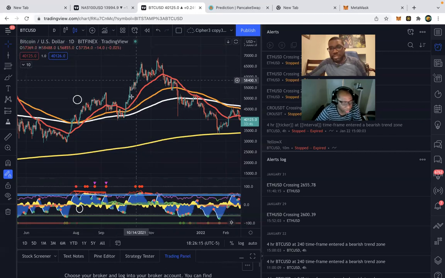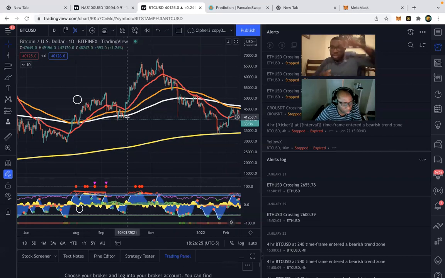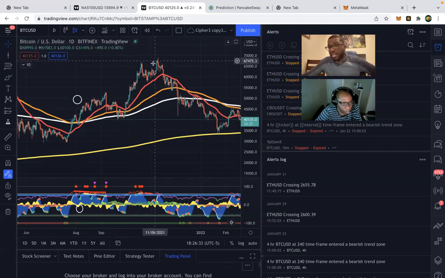If you look here, a lot of people would have tried to short over here because it looked like they could have crossed. In actuality, these EMAs are in bullish order. A lot of people got stopped out here. And we took leverage on ETH long for like 2 weeks, made good money on there.